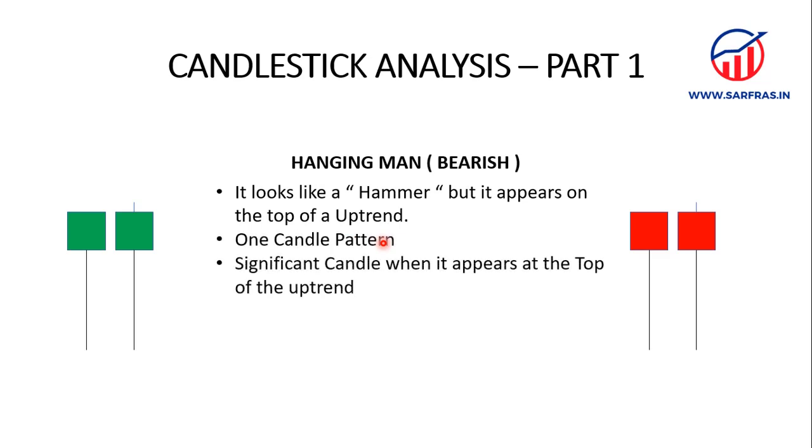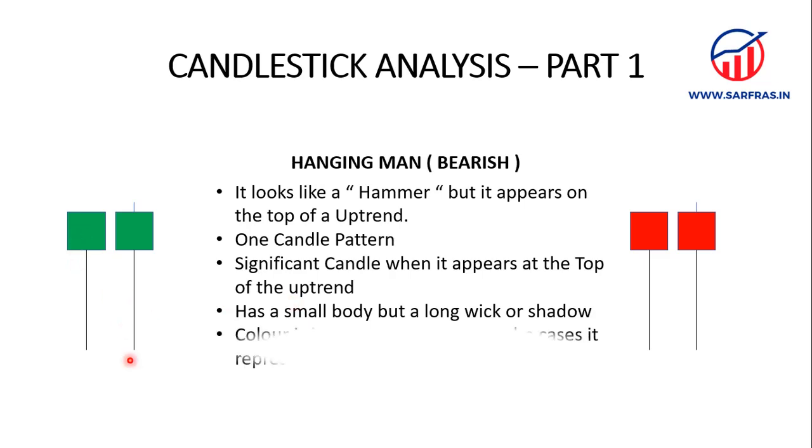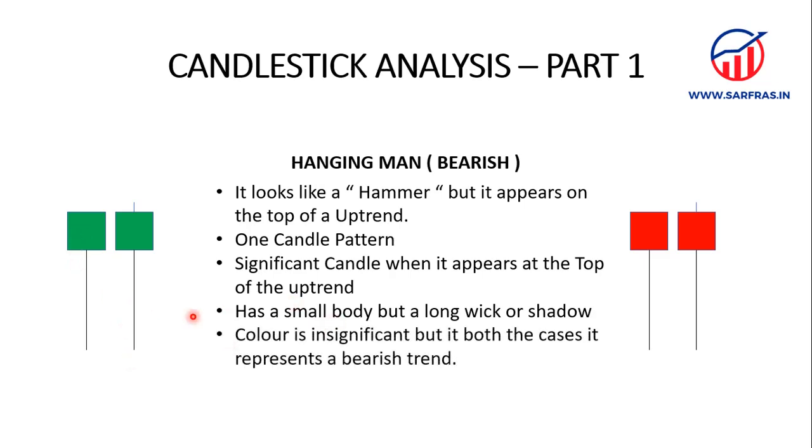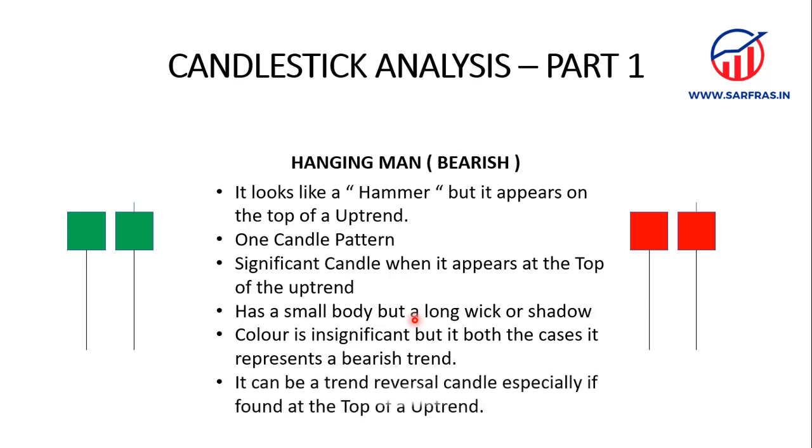It's a one candlestick pattern. Again, it has a small body and a long wick or shadow at the bottom over here. Color is insignificant, just like a regular hammer, but in both cases this represents a bearish trend. It can be a trend reversal candle, especially found at the top of an uptrend.